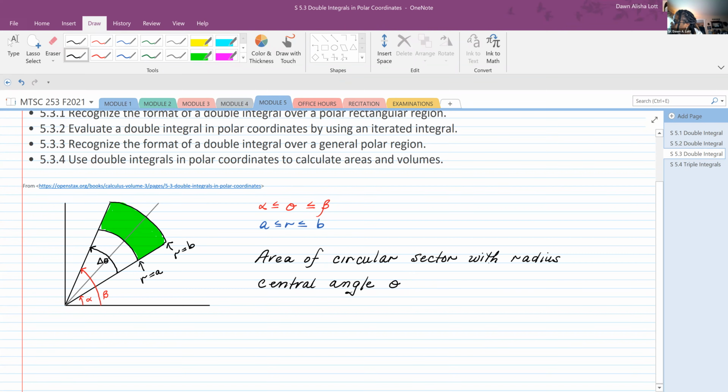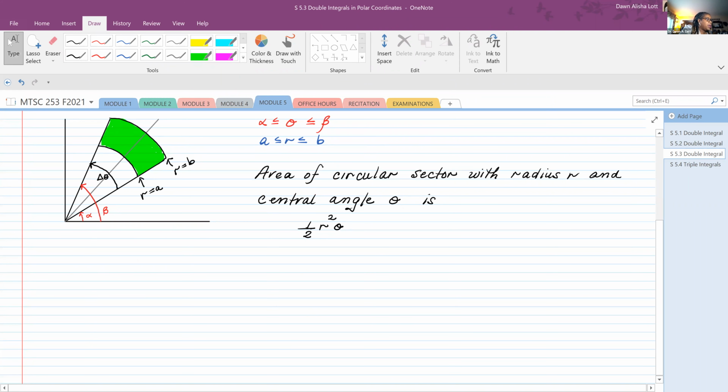So the area of this sector is 1/2 R squared times theta.